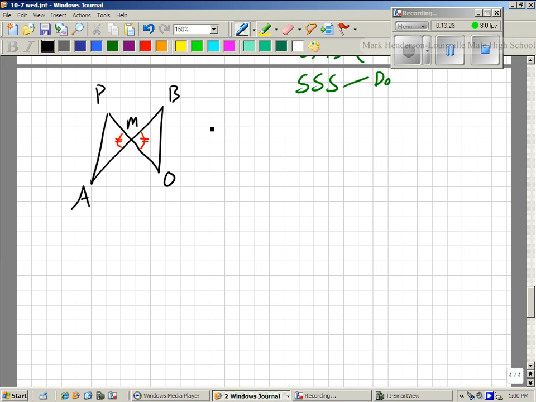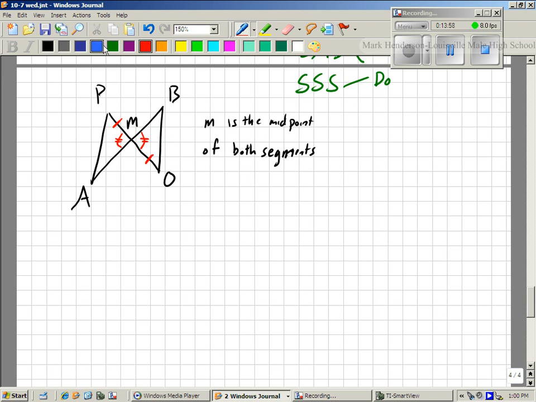All right, so our next thing that I'm going to tell you is M is the midpoint of both segments. So knowing that tells me that this is congruent to top or bottom on the right?